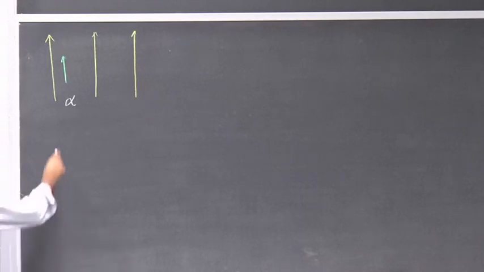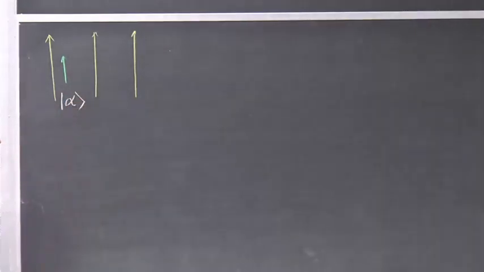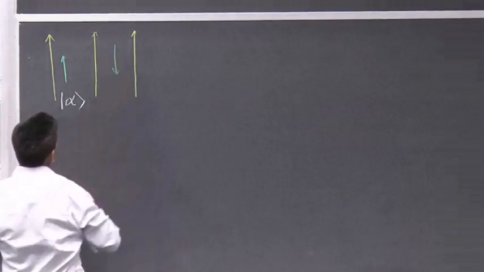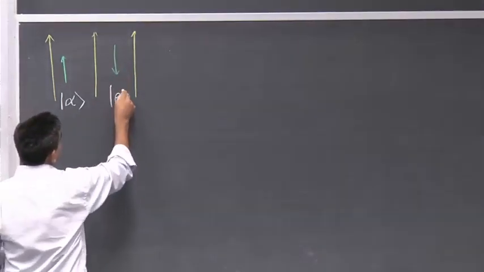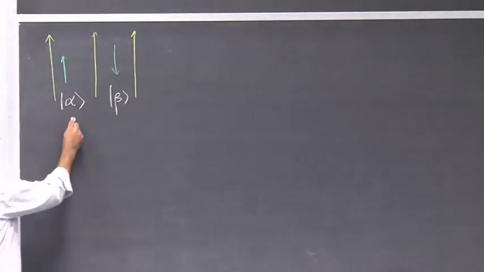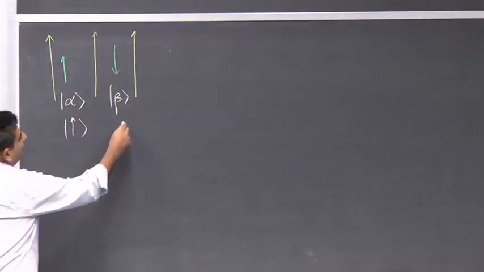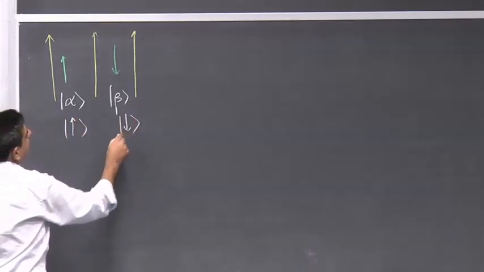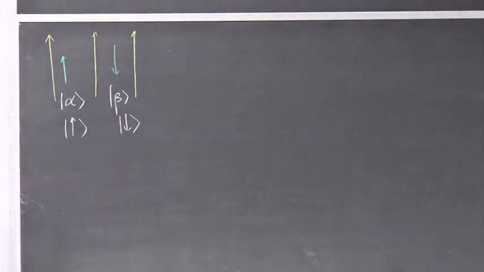Okay? And since it's a quantum state, put a ket with it, and if the spin is anti-parallel to the field, you call this state beta. Okay? You could also denote this by this cartoon, or you could denote this by this cartoon. So these are the two possibilities of spins that you will measure inside the system.